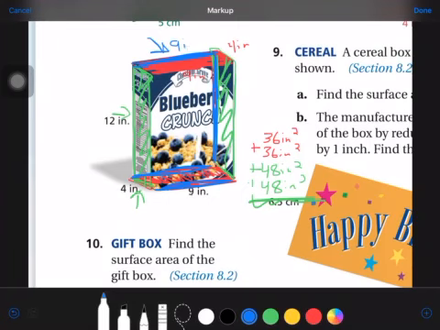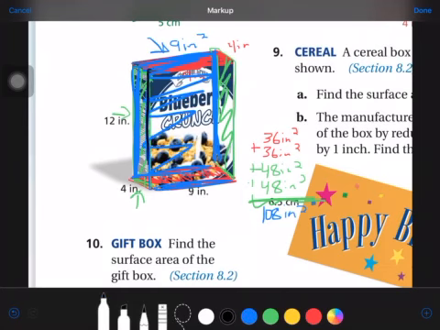And then this one, if we go across from this one, we're going to get 12. So 9 times 12 is going to be 108 inches squared. And we've got that on the back panel and on the front panel.